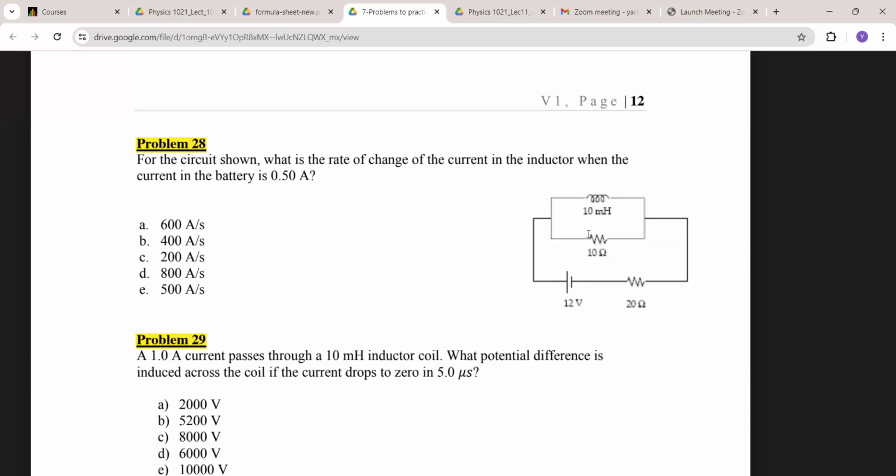What I have done here: he said that the current in the battery is 0.5 ampere. So I enter 0.5 and so forth.